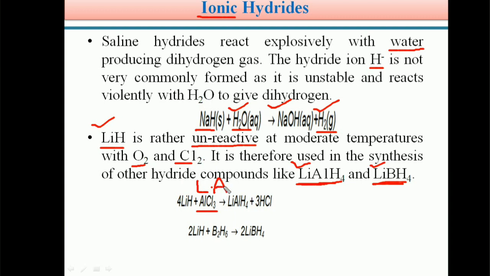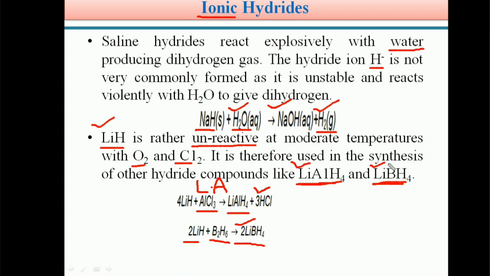So when lithium hydride is treated with AlCl3, it forms lithium aluminium hydride, and along with it releases LiCl. Similarly, when you treat lithium hydride with diborane, whose formula is B2H6, it forms lithium borohydride. So lithium hydride is useful to prepare other hydride compounds like lithium aluminium hydride or lithium borohydride.